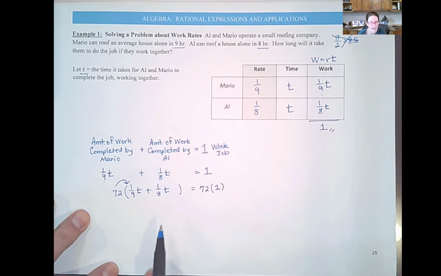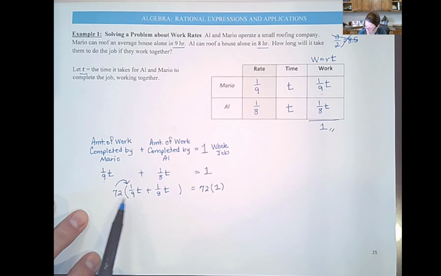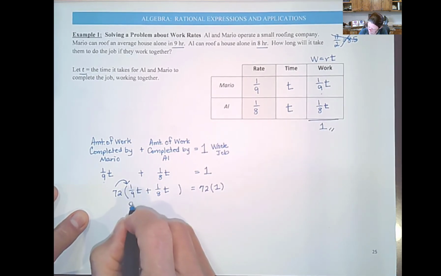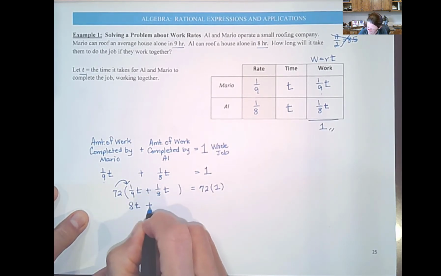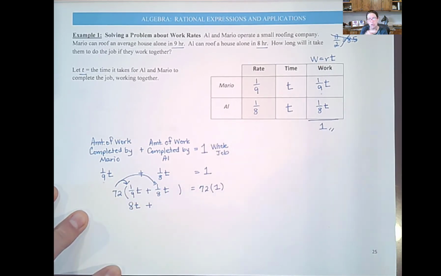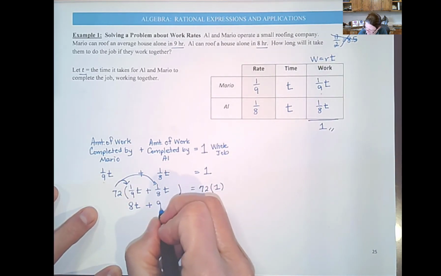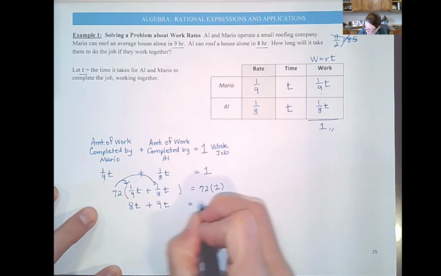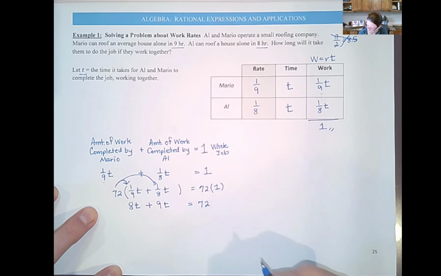72 times 1/9. Well, 9 divides into 72 8 times. That product is 8T. And 72 times 1/8 is 72 over 8. 8 divides into 72 9 times. On the right, we have 72.